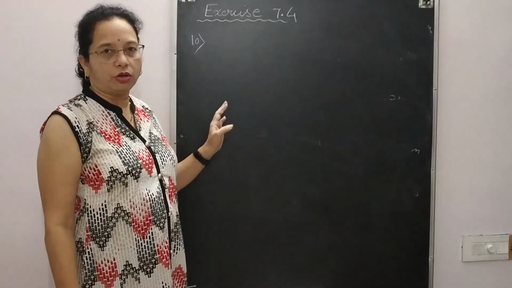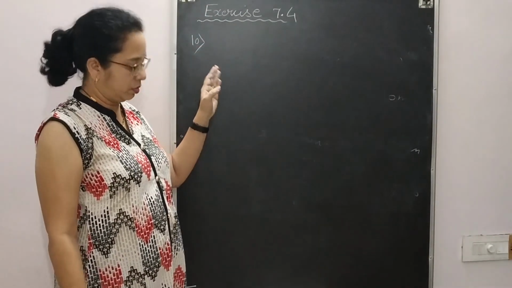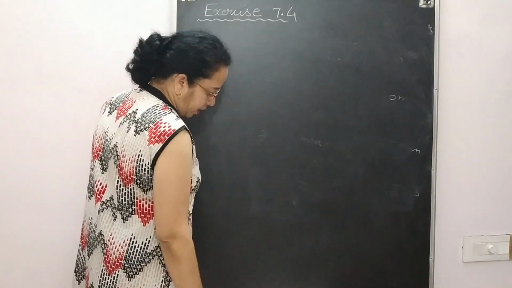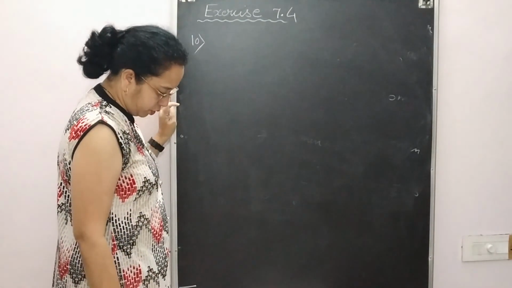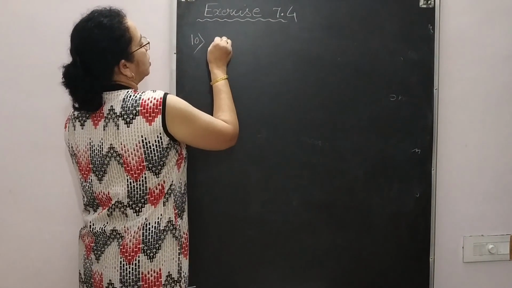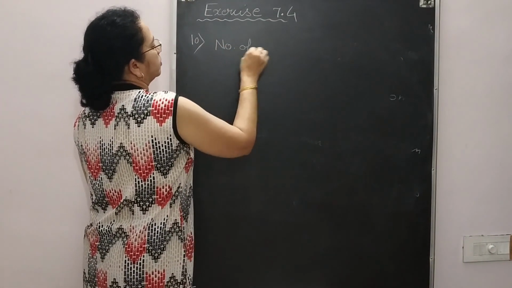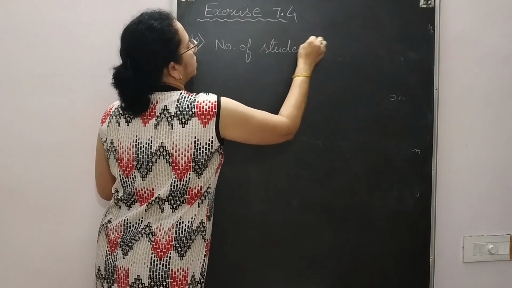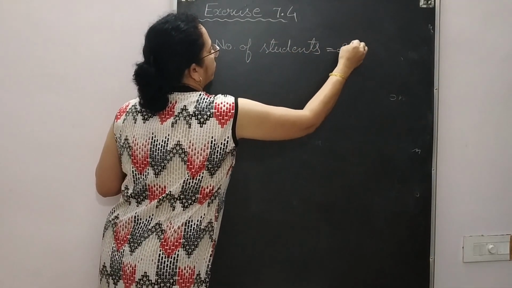Now we will go for the last question of today's session or exercise 7.4. So the question number 10, in a class of 25 students, so total number of students is equal to 25.